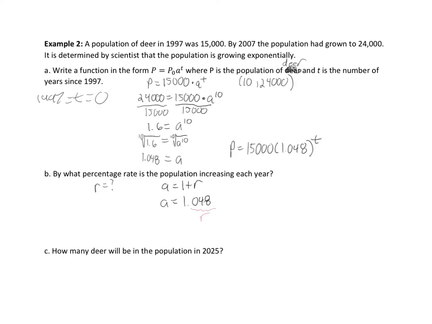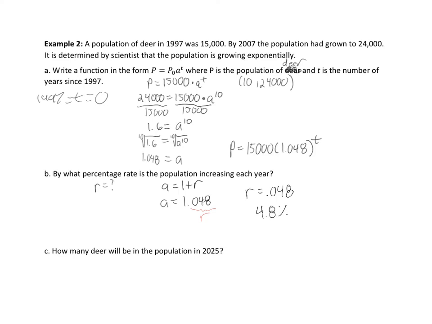That's the amount greater than 1. So we have r equals 0.048. And if we write that as a percentage, because we want to know the percentage rate, that is actually 4.8%. Meaning this population is growing by 4.8% each year.